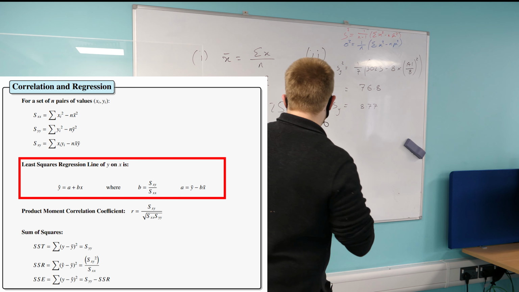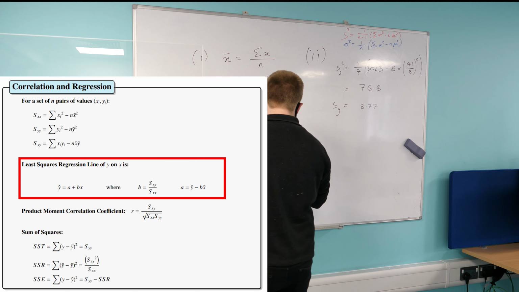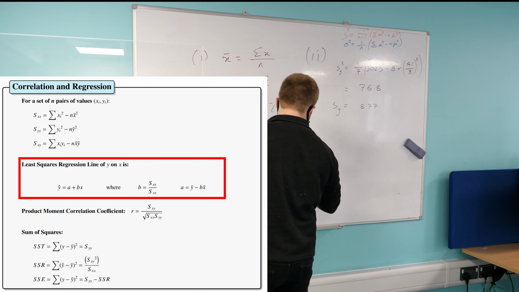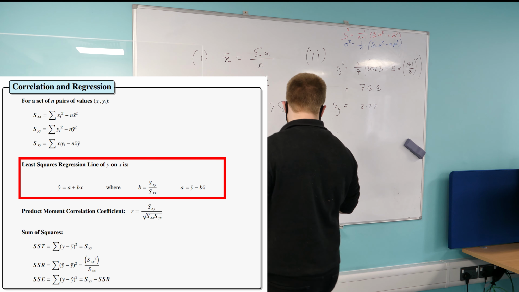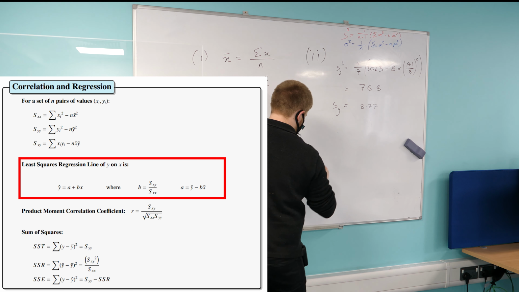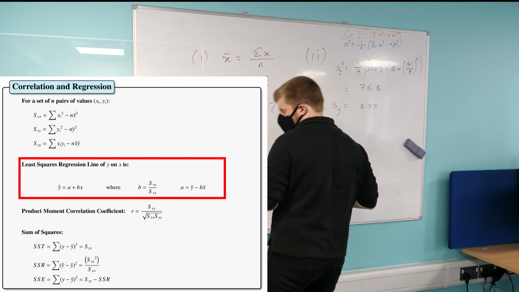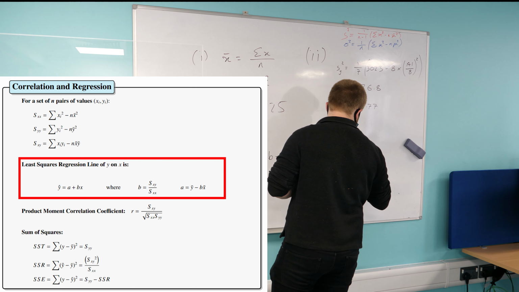Okay, so let's go ahead and calculate those first of all. So we're told that b is equal to sxy divided by sxx, my mistake. Thank you. And we're told that a is equal to y bar minus b times x bar.